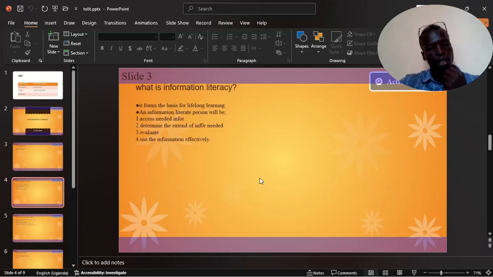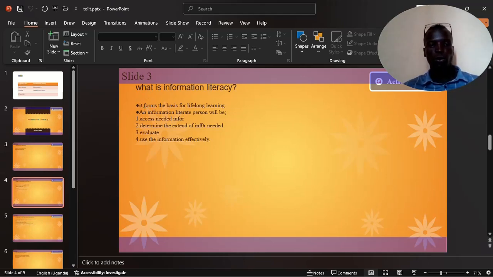Actually, previously we described information as being the processed data, and literacy is simply having the knowledge to know or to have that knowledge about information and how to get the information from the sources. And from here, we have some brief description of what we call information literacy.